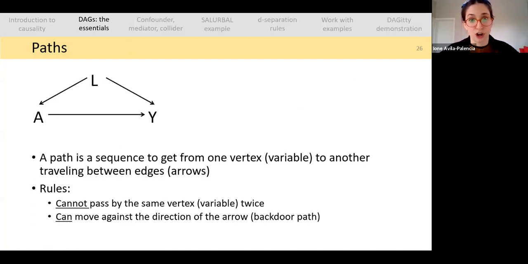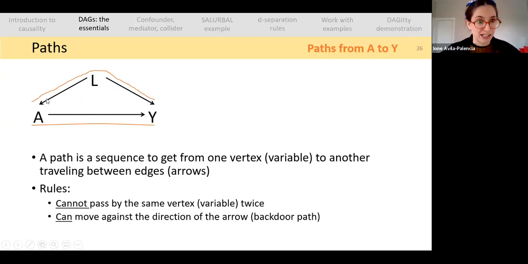And this is what is called a backdoor path. So in this case, what are the paths between A and Y? We have this directed path from A to Y, but then we have another path going from A through L to Y. And this is a backdoor path because in this part, the first arrow is going against the direction of the arrow.